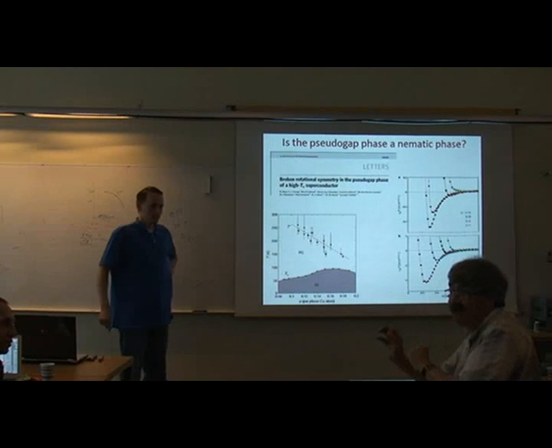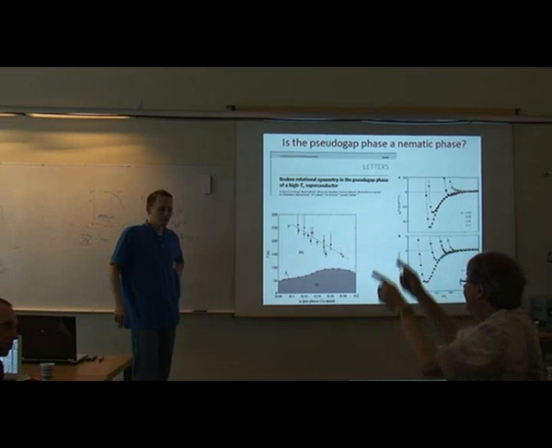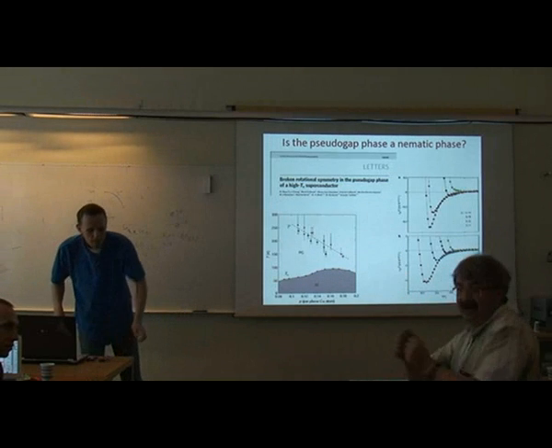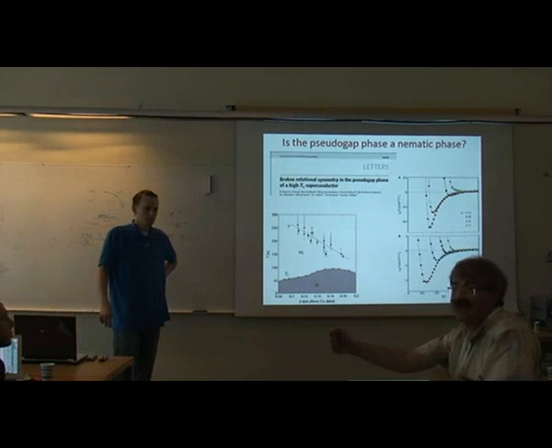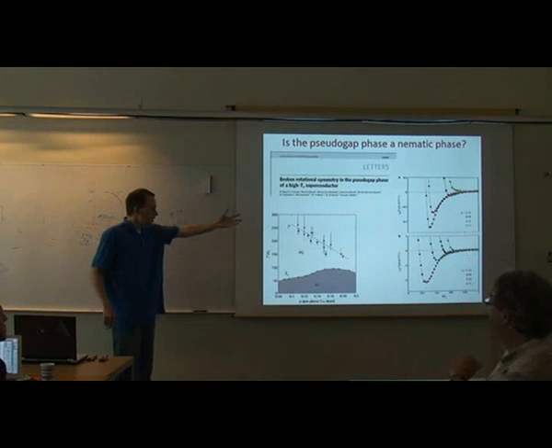There's one example which is not nematic, and that is the St. Andrews quantum critical ruthenate. This is a metamagnetic transition, where you have basically a tetragonal crystal, and they really find spontaneous transport anisotropy.